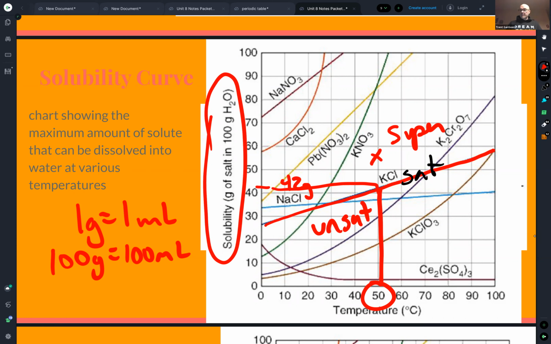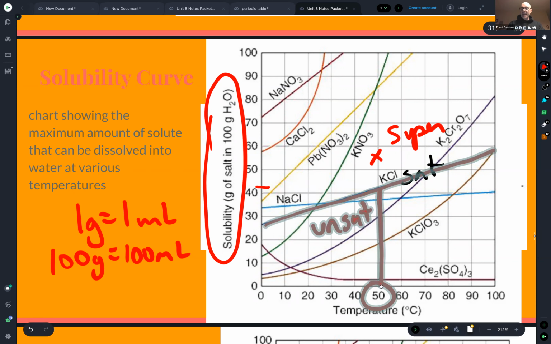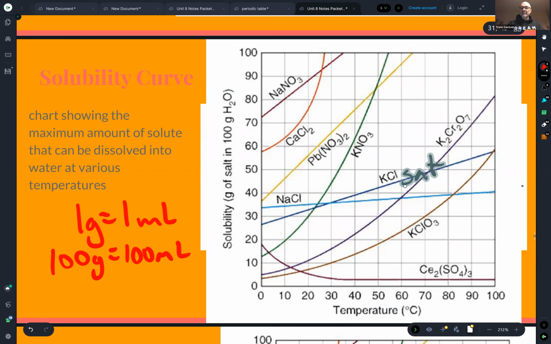Now, if we want to figure out how much will precipitate if I have a change in temperature, let's take a look at this KCl, and let's say that we are at 40 degrees and we cool it down to 20 degrees. Well, at 40 degrees, we are somewhere in the neighborhood of about 37 grams.